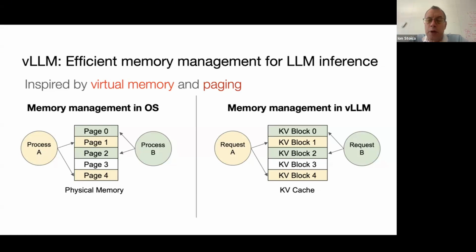And the only problem now, and also it can reduce the internal fragmentation, because the internal fragmentation is upper bounded by the size of this page. The biggest problem now is that, from the application perspective, the memory is no longer contiguous, right?